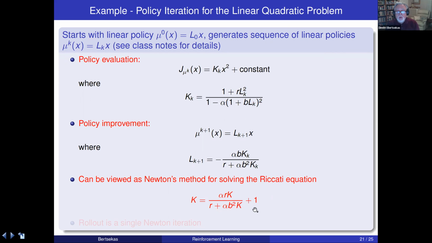Okay, so this is really Bellman's equation for the problem, except that it involves only the quadratic coefficient. And it turns out that policy iteration is Newton's method for solving this nonlinear equation. Now, Newton's method, you should have seen it in calculus.